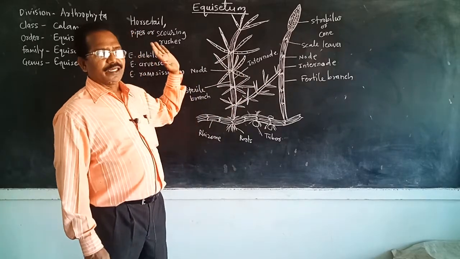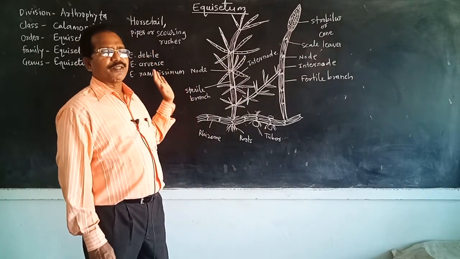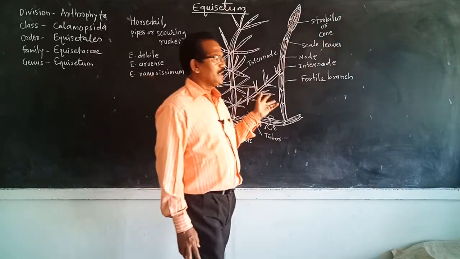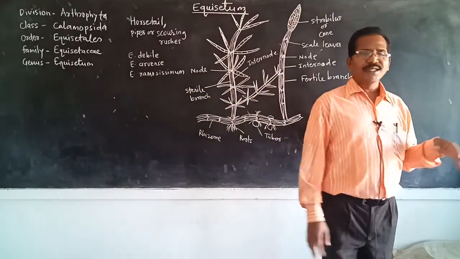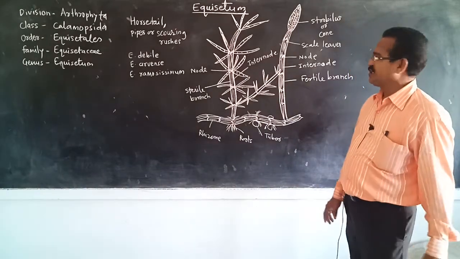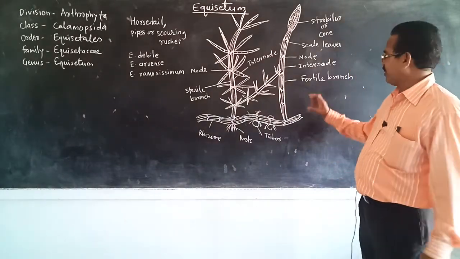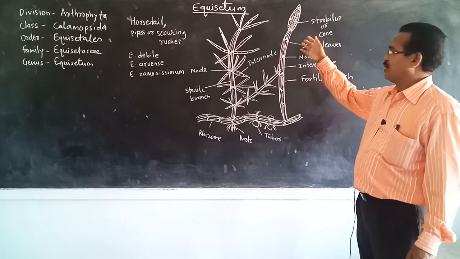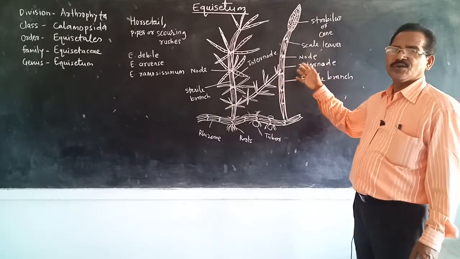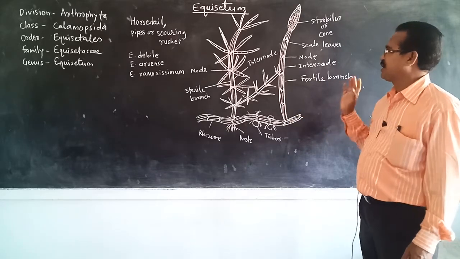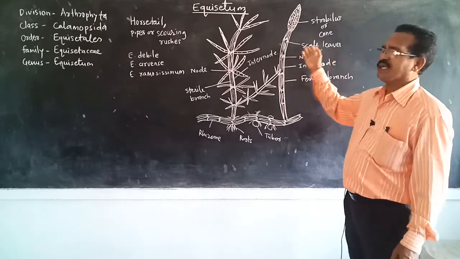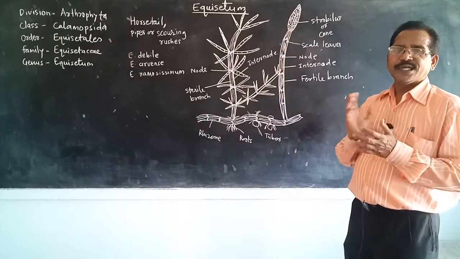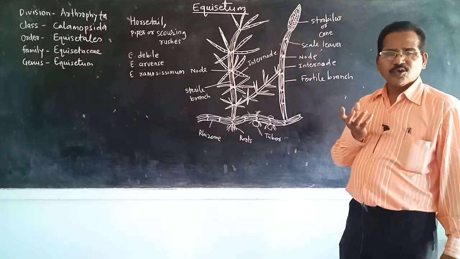They are green in color and perform the function of photosynthesis, while the fertile branches are unbranched and non-green, brownish in color. They also have nodes and internodes, and these too have a ribbed structure. The leaves which arise from the nodal region are laterally united with one another and form a whorl-like structure.